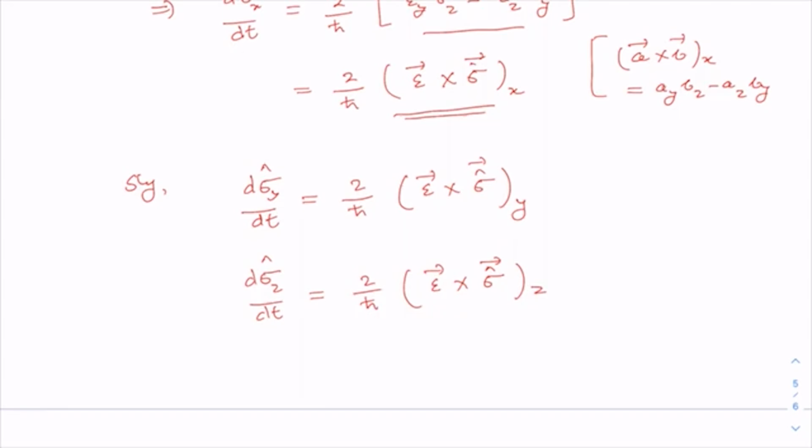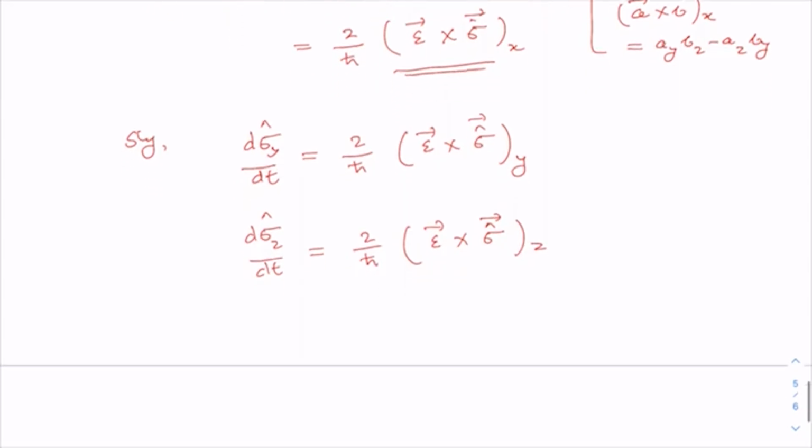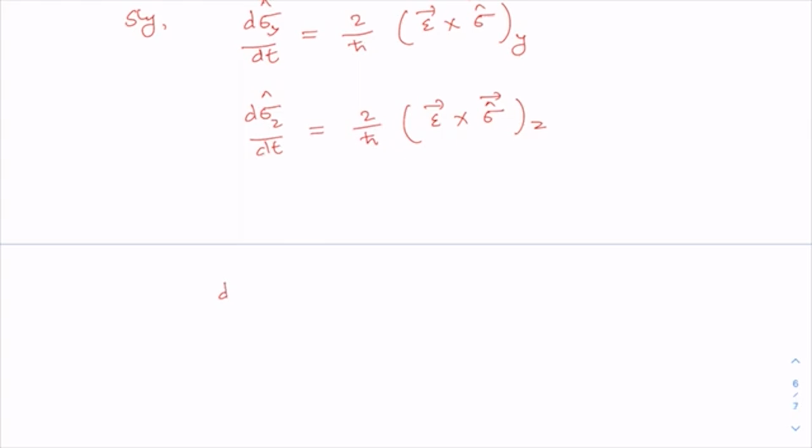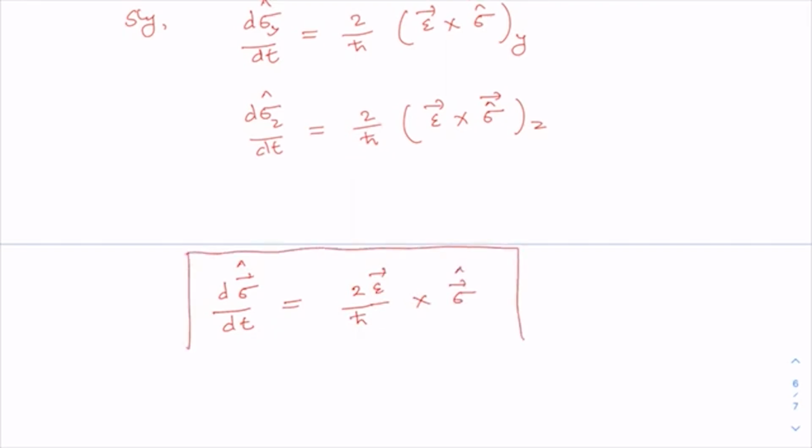So now we can combine all these results and immediately write an equation for the time evolution of the Pauli vector sigma, and that would be d sigma by dt is equal to 2 by h cross the epsilon vector cross the Pauli vector.